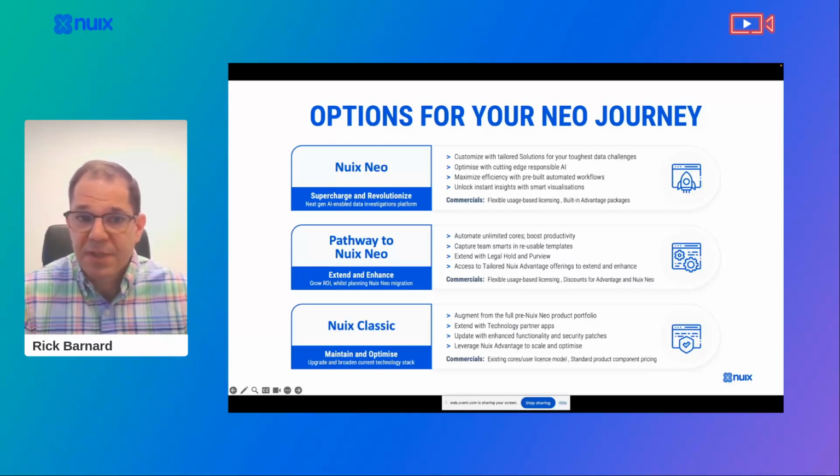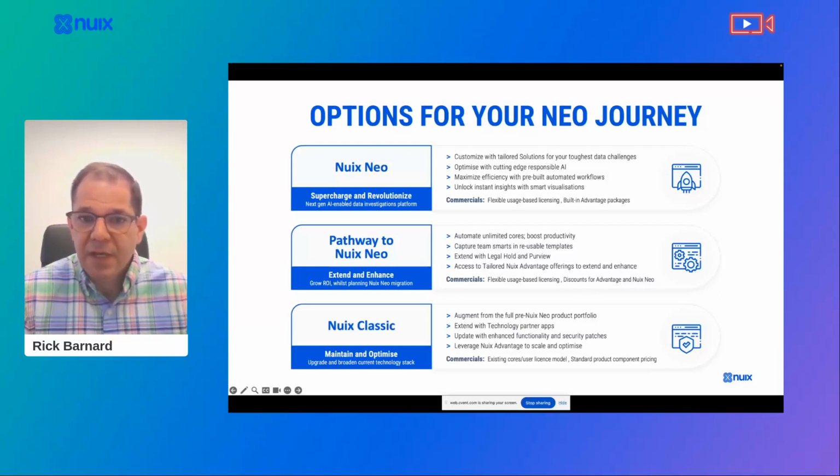So the third option is obviously to go to Nuix Neo, which a lot of our customers are doing. You've got tailored solutions, whether it be data privacy, including data breach notification, or the investigation solution that we talked about today. But it's really focused on addressing our toughest data challenges in a customized, configured solution, which has all the configured workflows, all of the customized NLP models and user profiles to really unlock the power of the Neo platform.